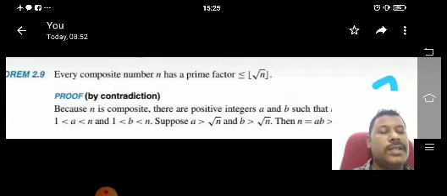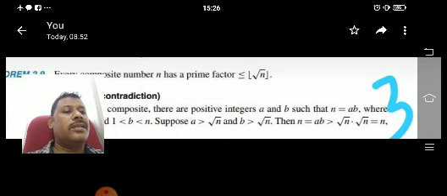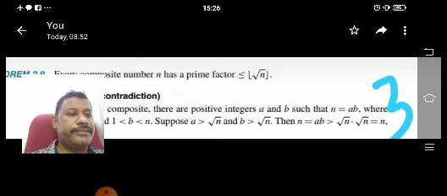Suppose a is greater than root n and b is greater than root n. Then n equals ab, which is greater than root n times root n, that equals n.